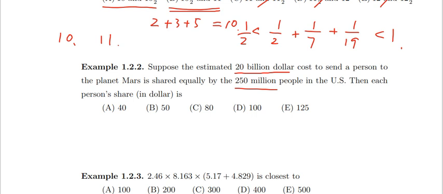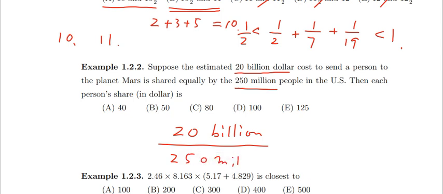So that's just equal to 20 billion divided by 250 million. So maybe here we need to find the relationship between billion and million. I think 1 billion is 1,000 million.